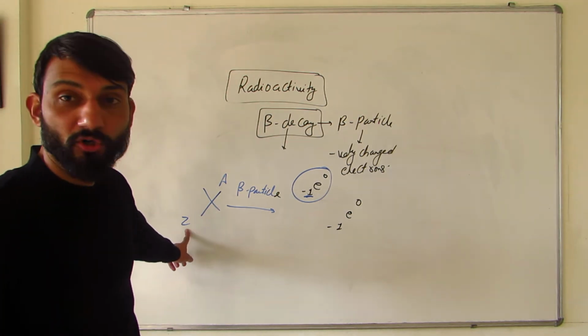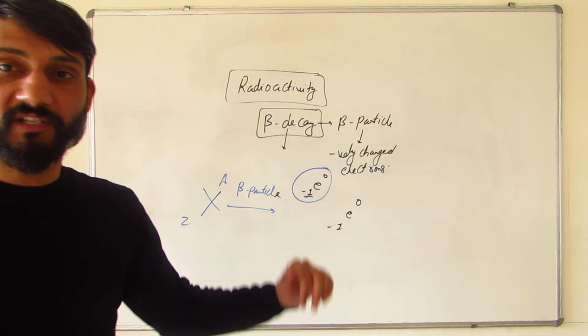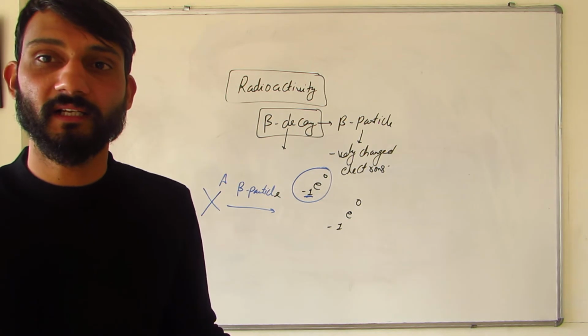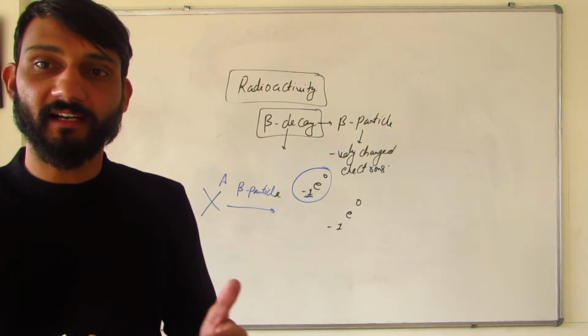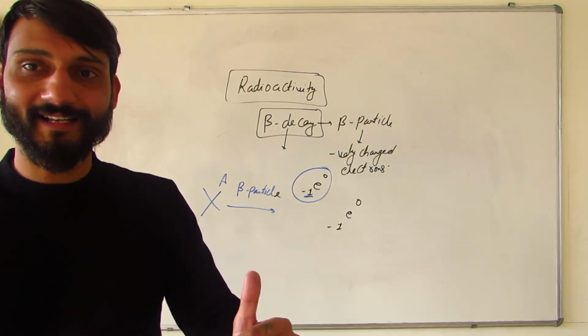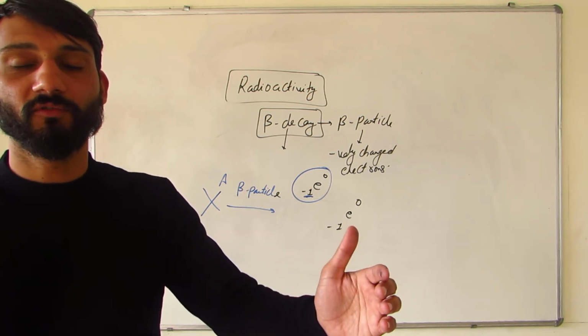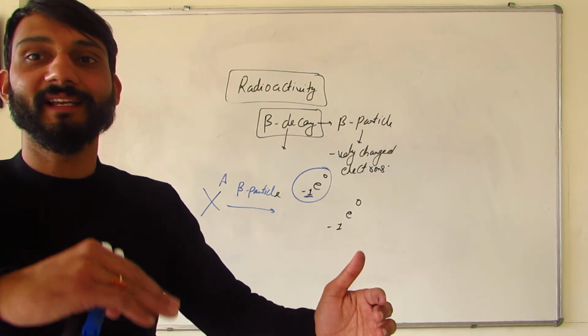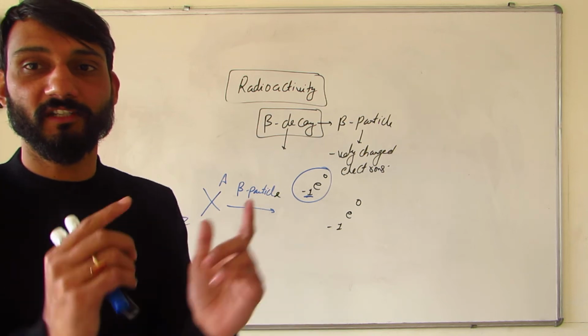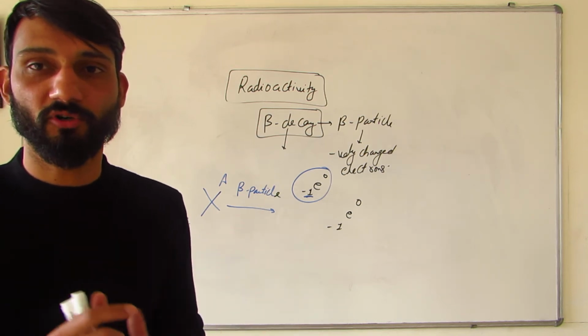Now it has Z protons, so it must have Z electrons as well. Now what has happened is one electron has moved out. So automatically the number of protons will increase by 1, because initially the number of electrons and protons were the same.